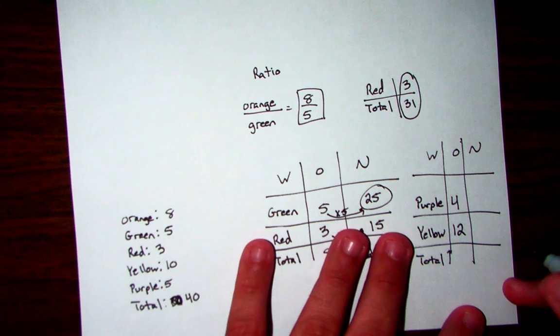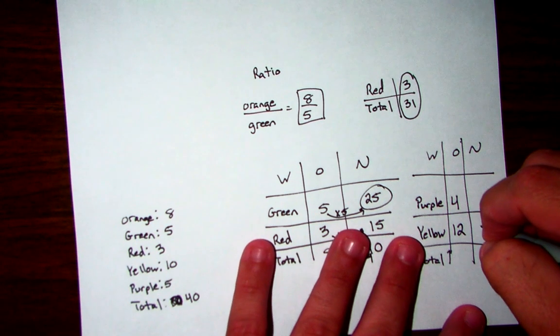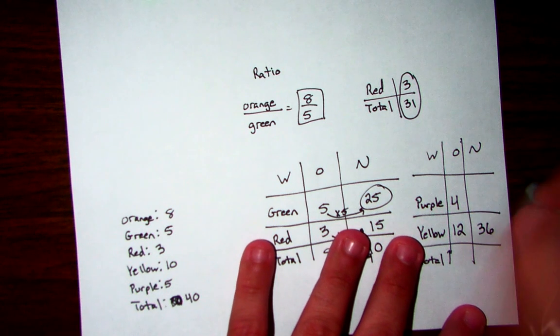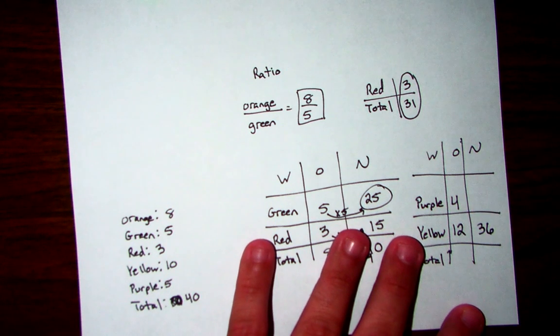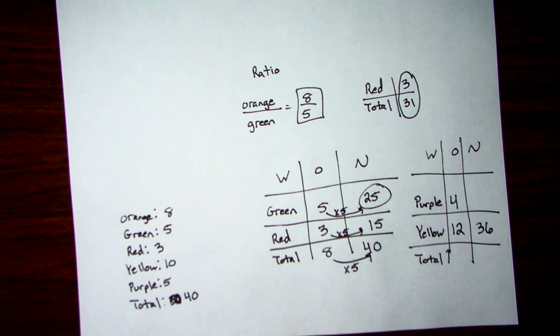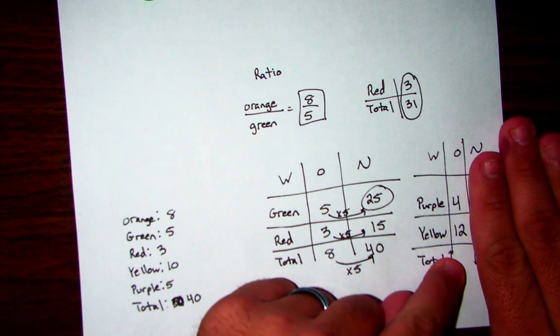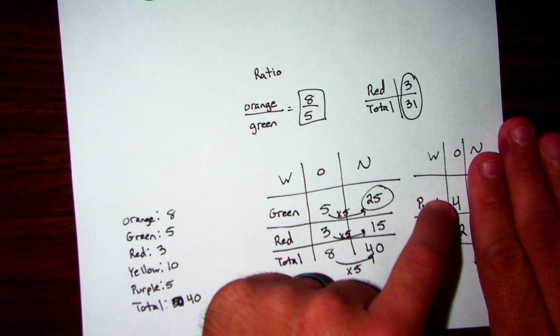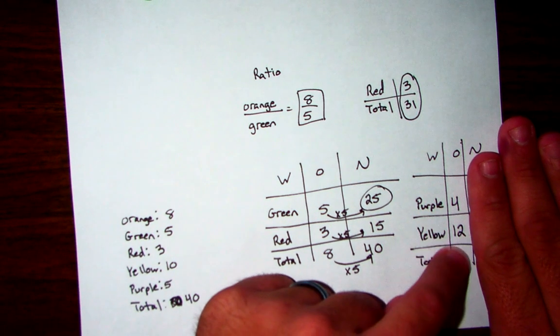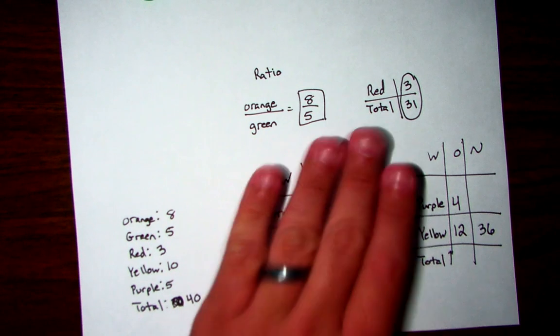But this time it says I have 36 yellow. The question says, how many total Skittles should I have? Here's what you should do. It's like a puzzle. We can fill this in. If you have 4 purple and 12 yellow, how many total Skittles is that right here? That's 16.